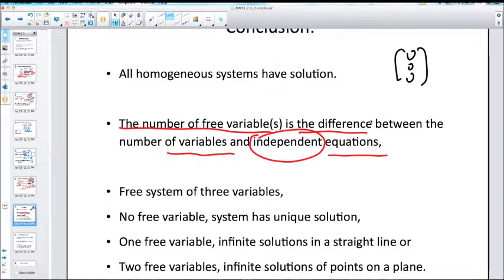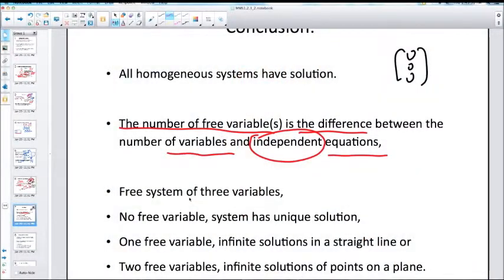What do independent equations mean? The only way I can explain right now is if you follow the Gauss-Jordan algorithm, how many rows are not all zeros. Those leftover non-zero rows are the number of independent equations. If you look at planes in 3D, independent means they're not parallel. If two of them are parallel, they are dependent.